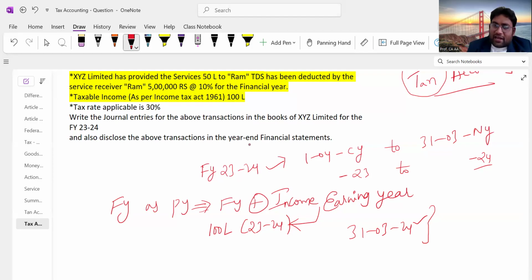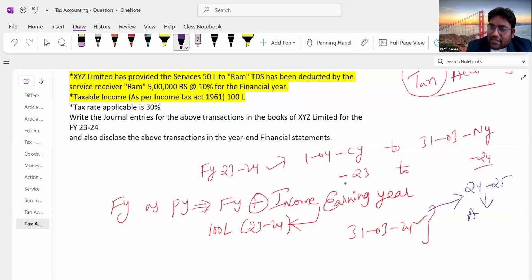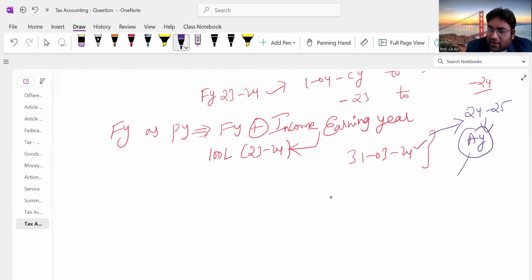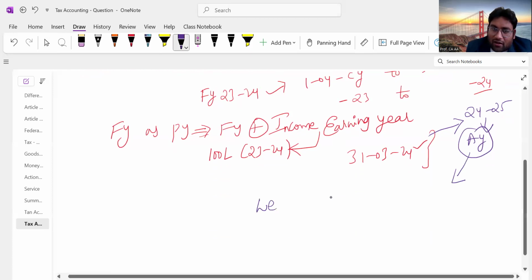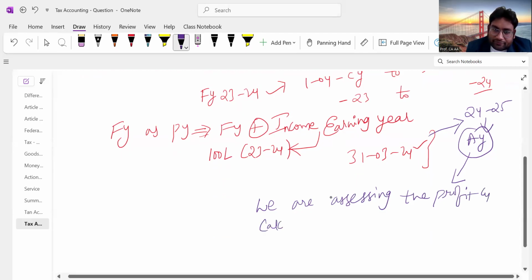So generally we pay the taxes in the next year, that means the year 24-25. This year is called the assessment year. Why do we call it the assessment year? Because in this year we are assessing the profits and calculating the taxes.